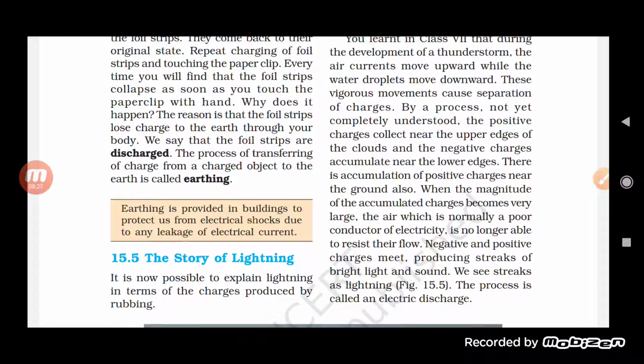Negative and positive charges meet, and due to this a streak of bright light and a sound is produced, and these streaks are called lightning. The process is also called electric discharge. So basically it works on the basis of electric discharge, where the lightning or sparking can be seen easily.